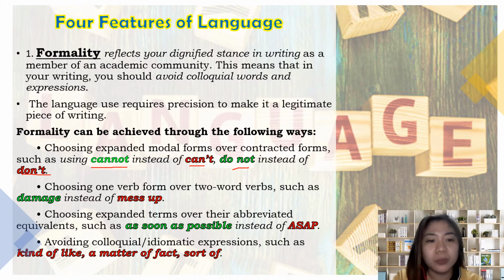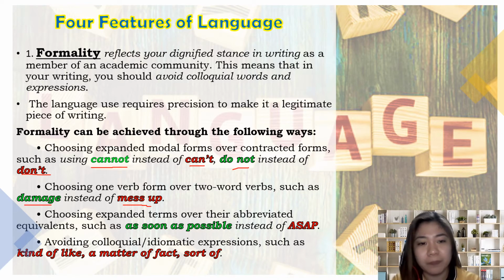Another example, choosing one-word verbs over two-word verbs, such as damage instead of mess up. And then next is choosing expanded terms over the abbreviated equivalents, such as as soon as possible instead of ASAP. And lastly, avoiding colloquial or idiomatic expressions such as kind of like, as a matter of fact, or sort of.